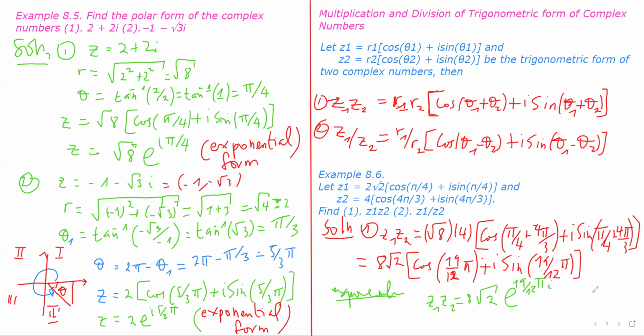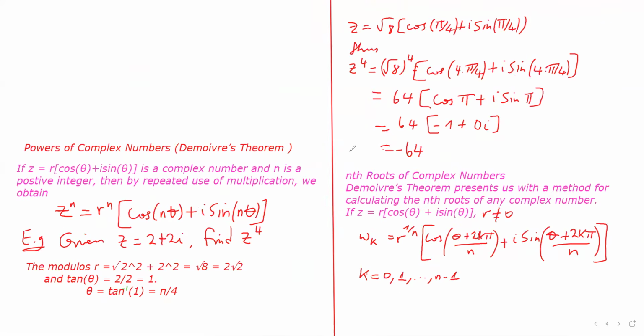Of course, this really means r1 times r2 times e^(i(theta 1 plus theta 2)). And for division, we have r1 over r2 times e^(i(theta 1 minus theta 2)). This is the exponential form that you can write it in.